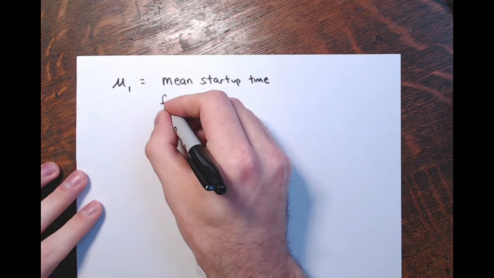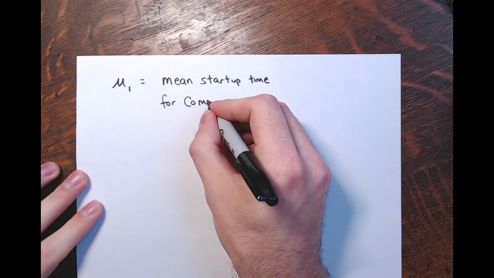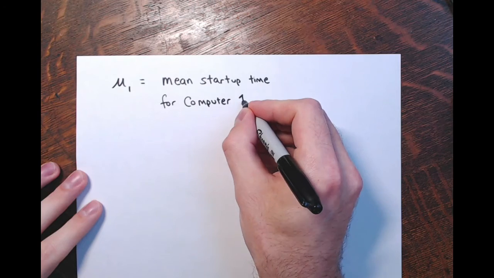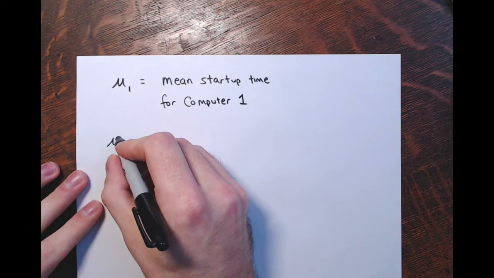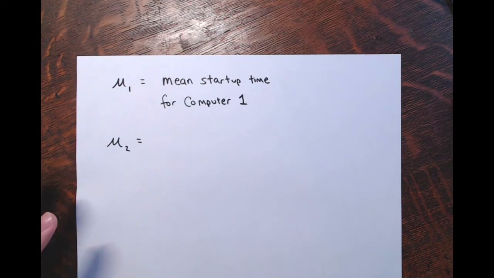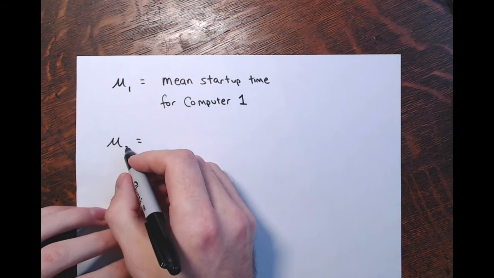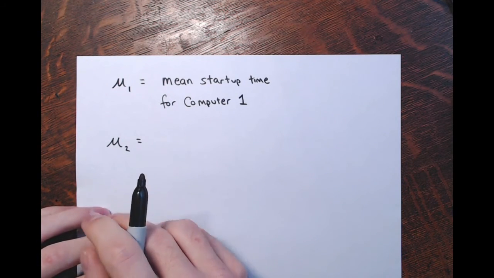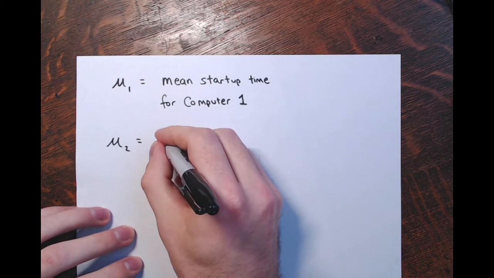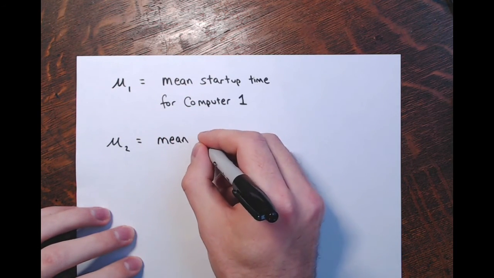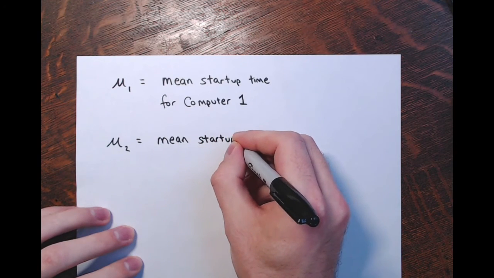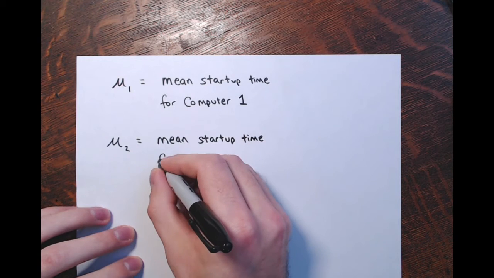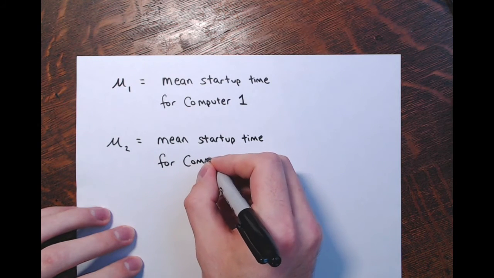And we have this second population, all the computers of model 2, and what's the average startup time for all of those? So a second population mean, I'll call mu sub 2, not like the Pokemon. And this will be the mean startup time for computer 2.